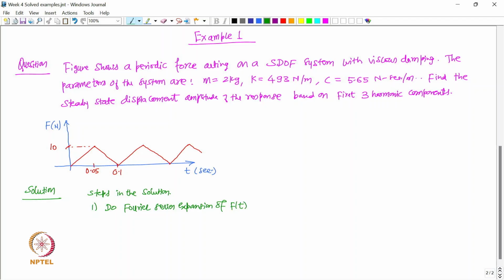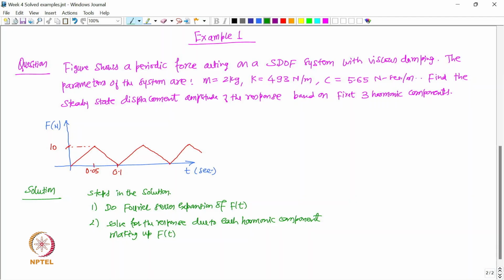Then, solve for the response due to each harmonic component making up f of t.